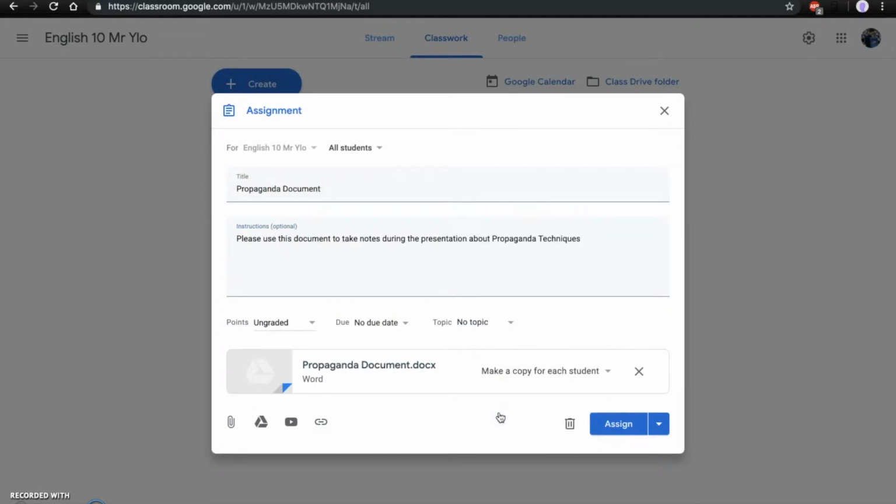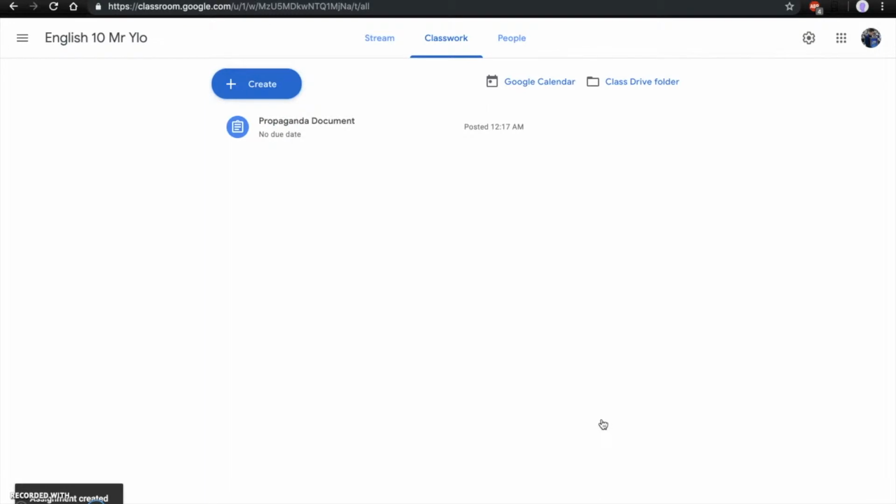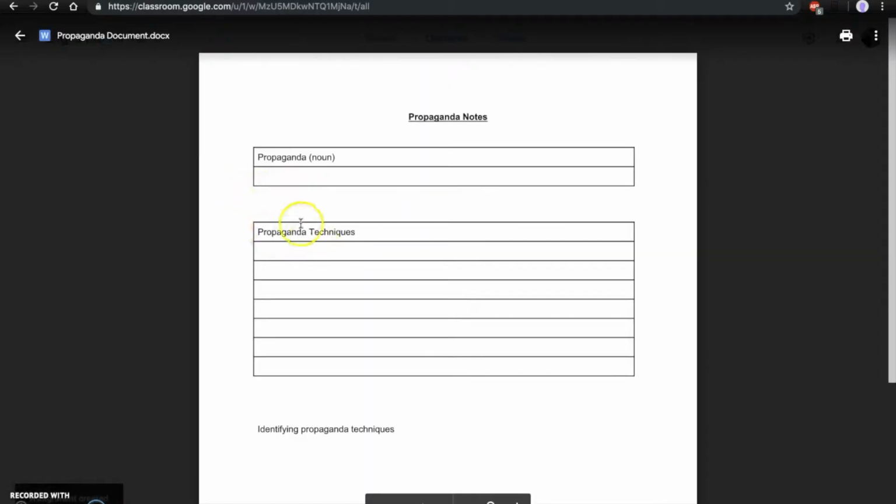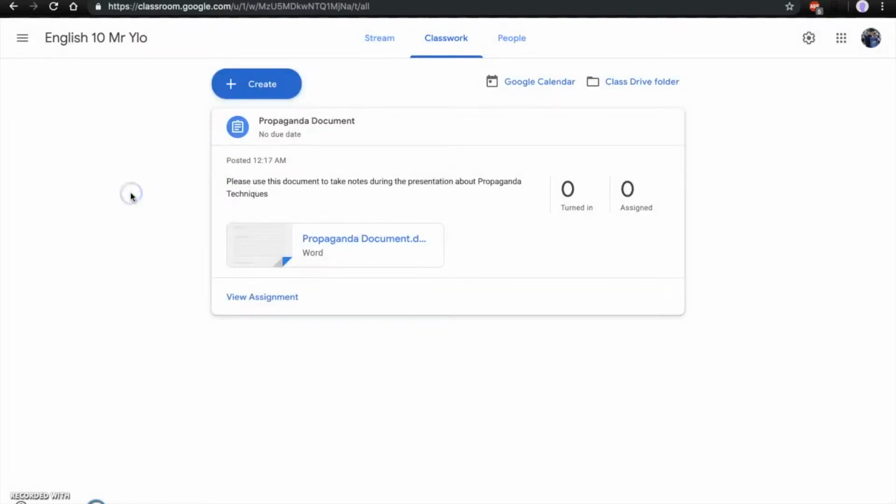Make a copy for each student. There we go. So what I did with making a copy for each student means that if they're signed in, they will each be able to get a copy of this and edit it themselves.